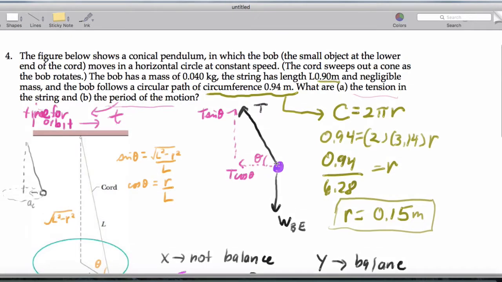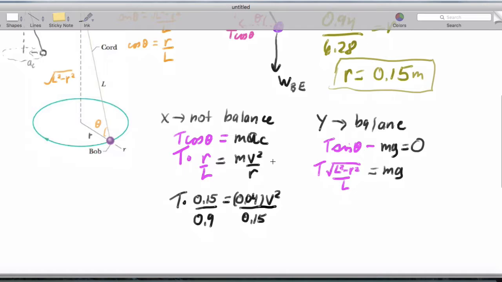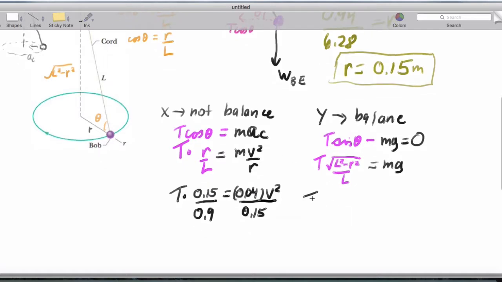And let's see. We also have the tension times the square root of 0.9 squared minus 0.15 squared, divided by 0.9, is m times g.